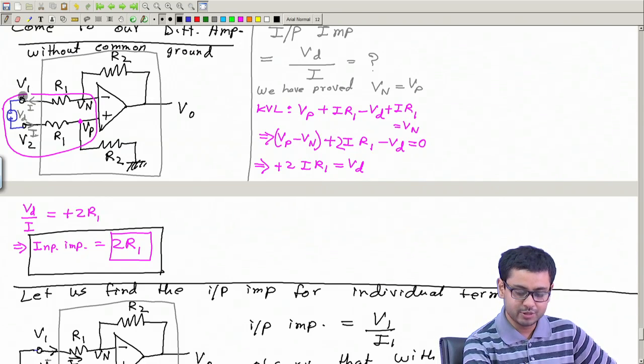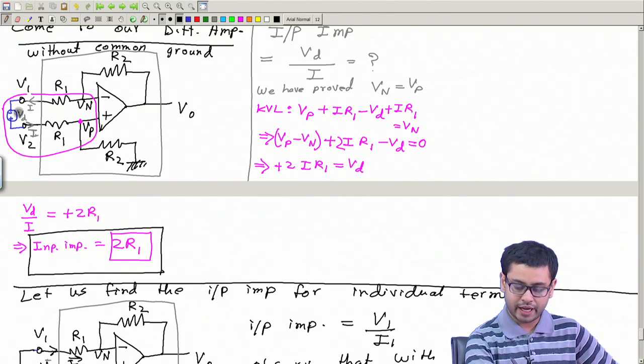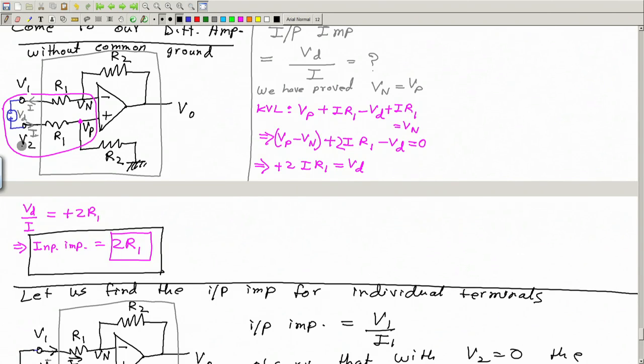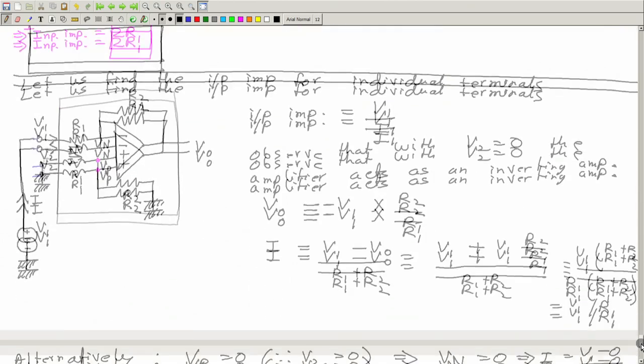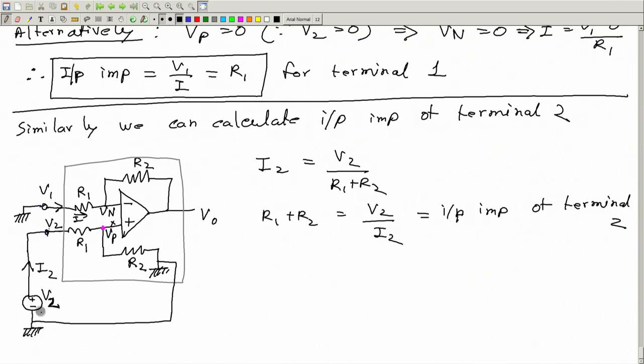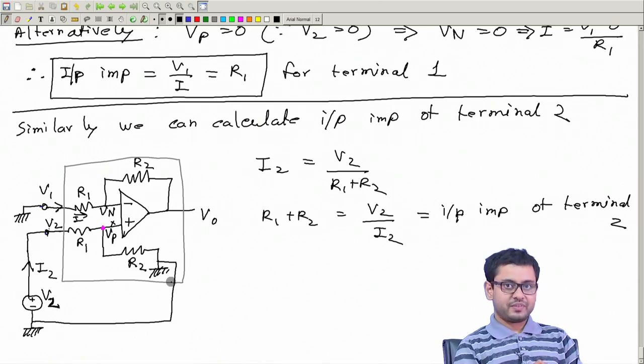So you can define the input impedance as this voltage divided by this current, and we also have found the expression for that. In this case the input impedance was 2R1, the sum of these two resistances. And if you define input impedance for individual terminals, then for terminal 1 this is equal to R1, and for terminal 2 this is equal to R1 plus R2. Okay, thank you.